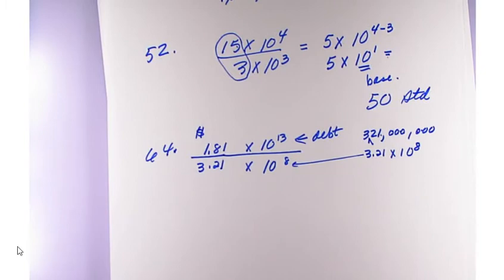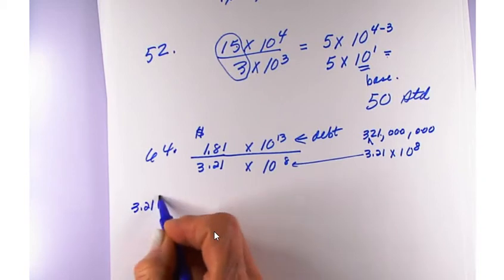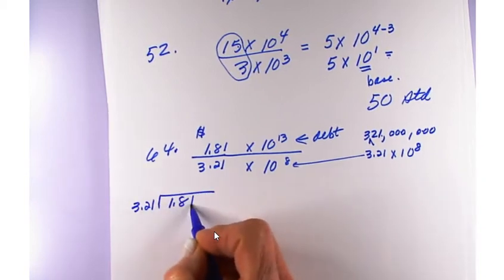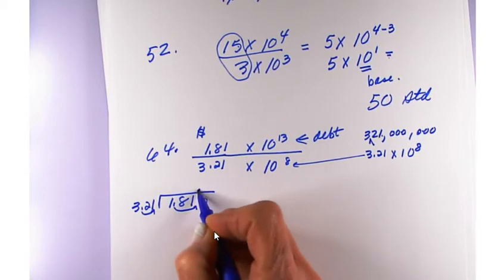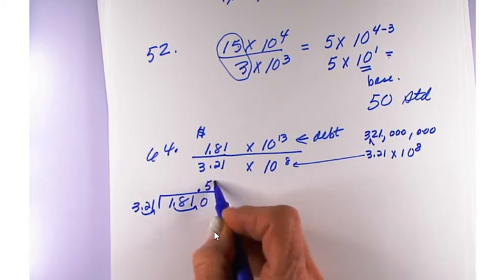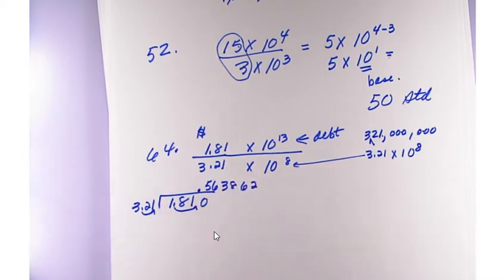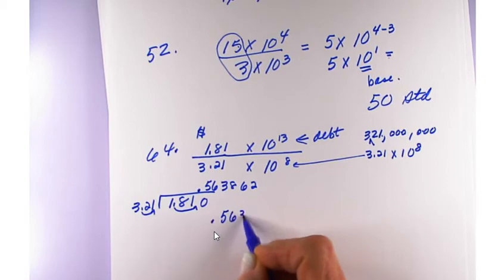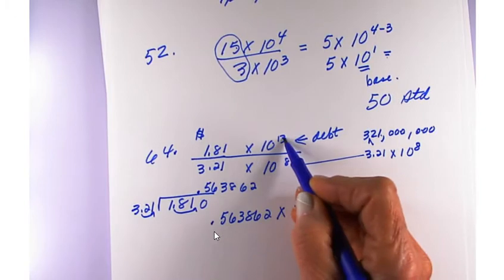And so you have to divide 3.21 into 1.81. And when you do that, you have to move this 2 places and 2 places, and you're going to get 0.563862. Okay? Obviously, you're doing it with your calculator. So I now have this times 10. 13 minus 8 is 5.